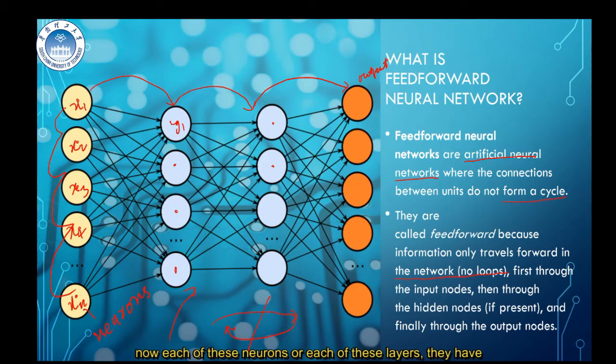Now each of these layers has a specific name. The first layer is known as the input layer. And the intermediate layers, these two layers, are known as hidden layers.